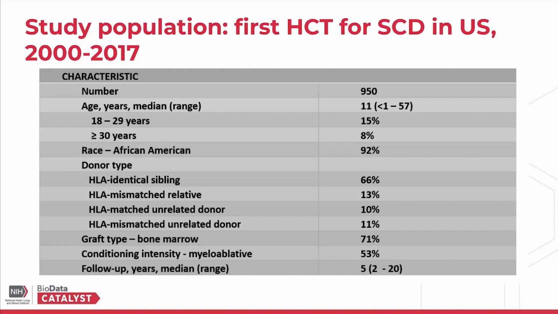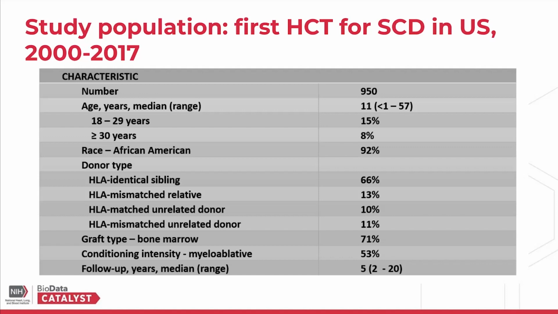And this time we had follow-up of 5 years. The median follow-up was 5 years for the group, but we also had 300 patients in this cohort that had survived for more than 7 years. So we had pretty decent follow-up in this cohort for looking at long-term survival.